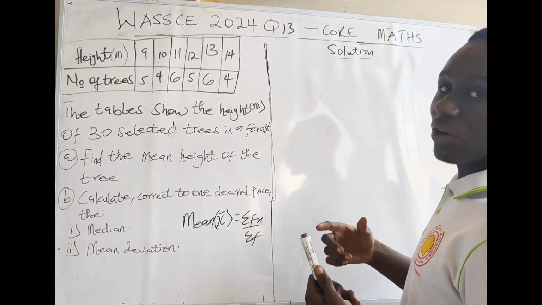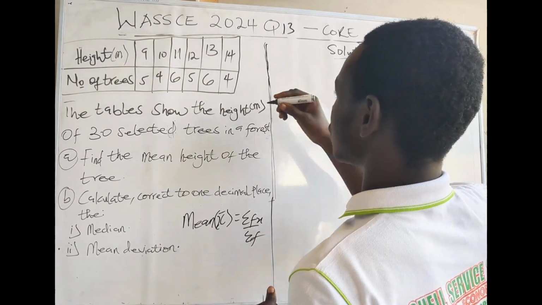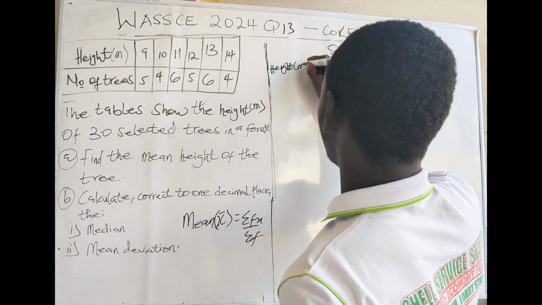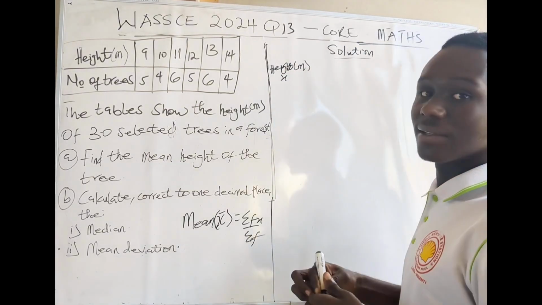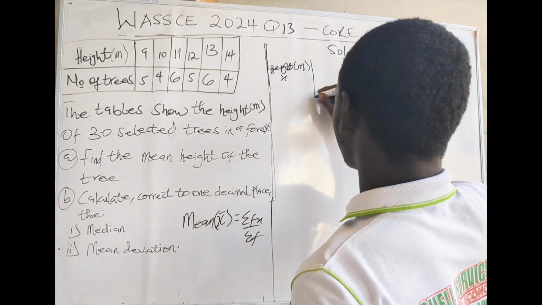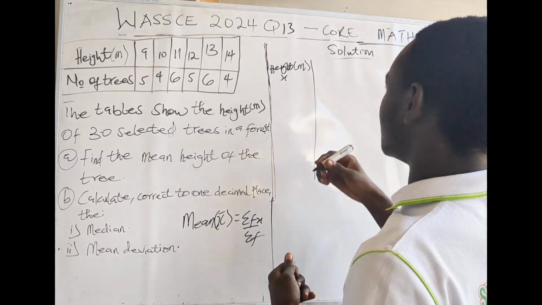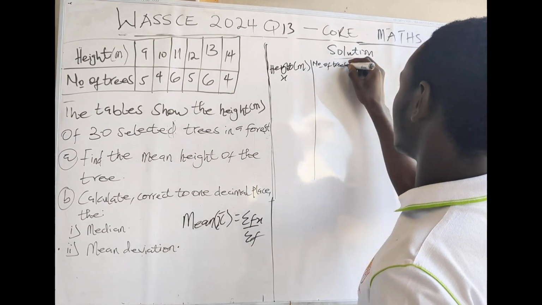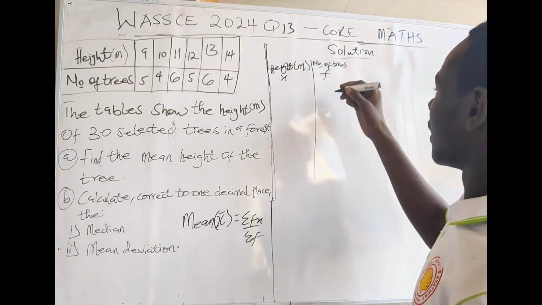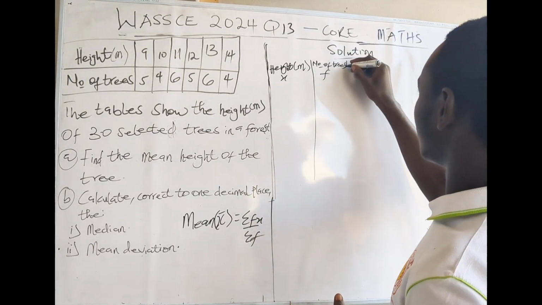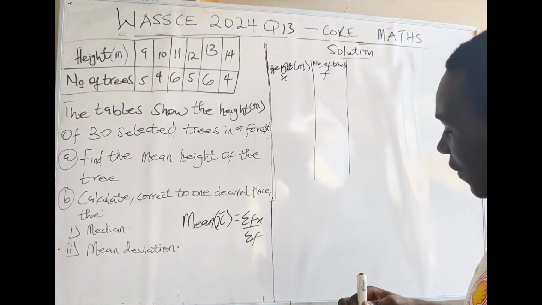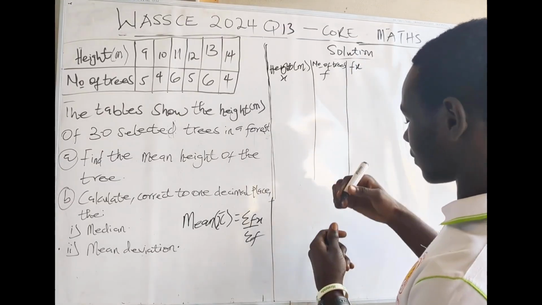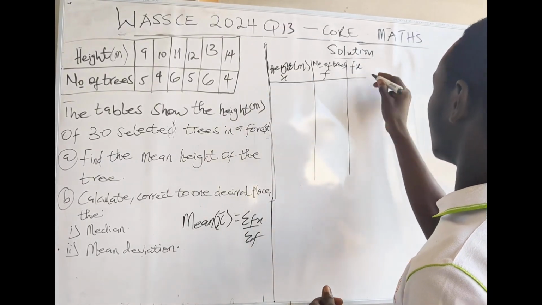So let's draw a new table for the work. Our height m is the x, and our number of trees is our frequency f. Then we find our fx.